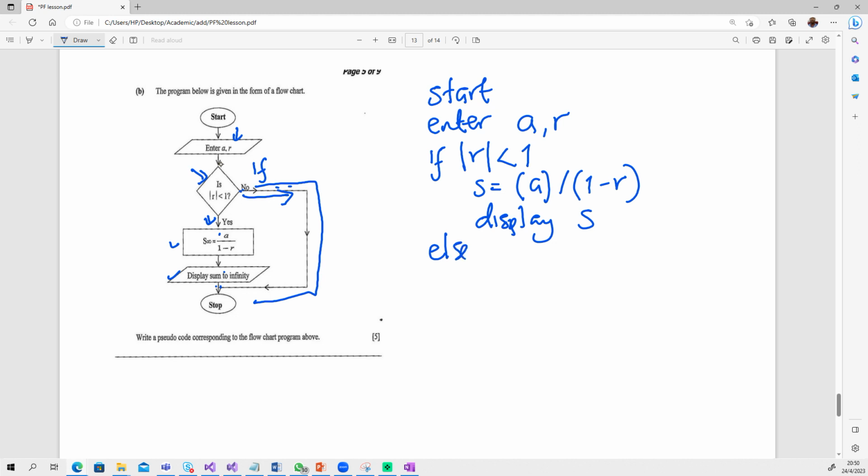We could have said else, then do ABC, but there's nothing in this part, so there's no need for us to have anything here. So I can remove this. We don't need this also.